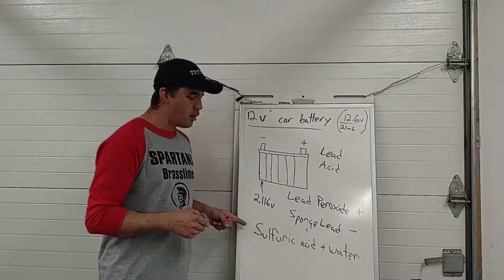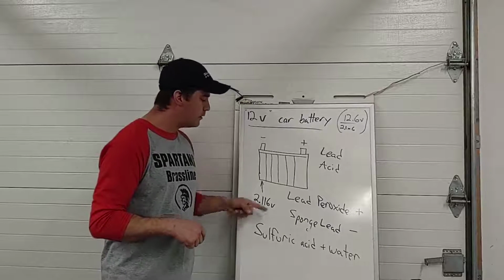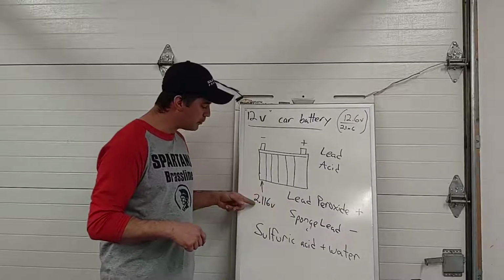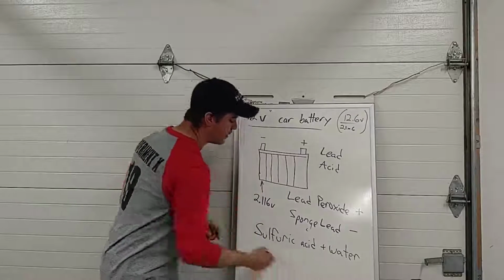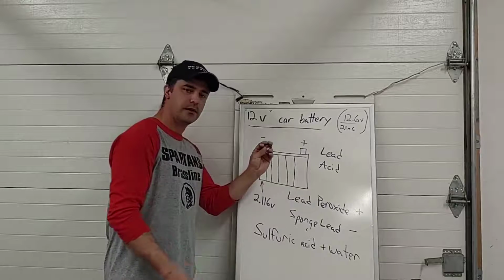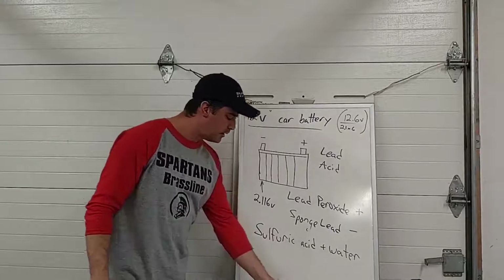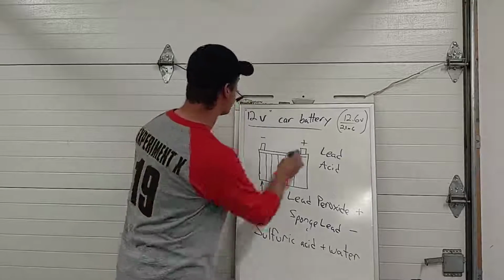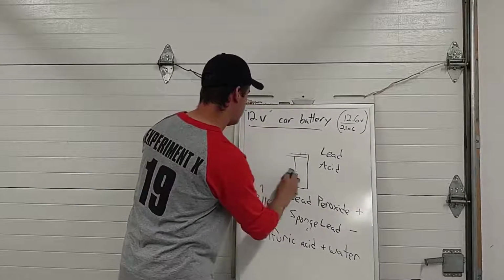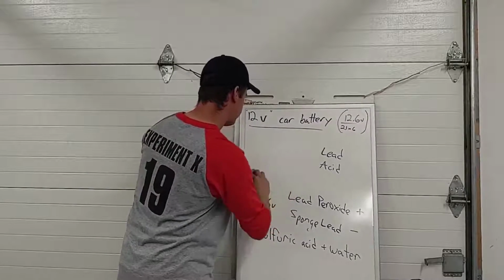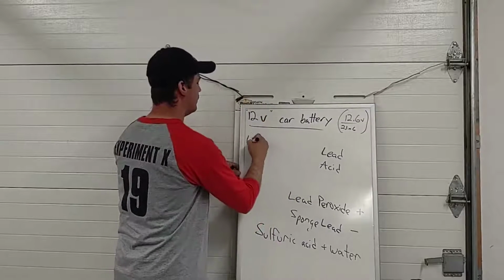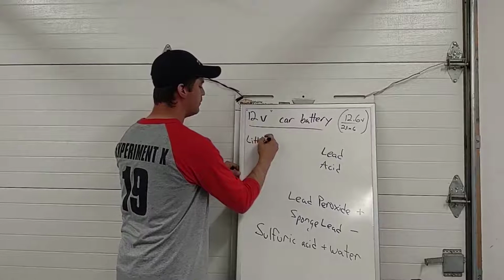So the combination of sulfuric acid and water, lead peroxide, and sponge lead plates is going to combine to make about 2.1 volts. That's why that voltage is a little bit higher than the voltage we get out of these type of cells. And there's other types of battery chemistry out there in use. You may have heard of lithium batteries.